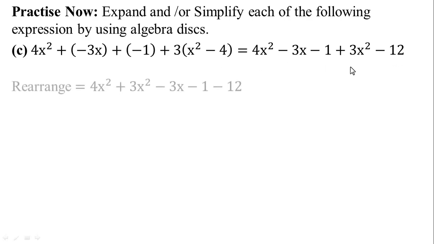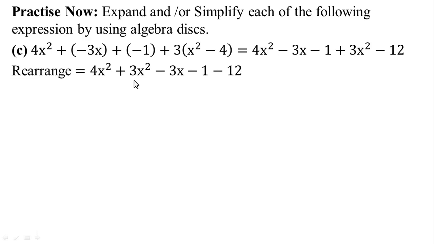Now rearrange the values with respect to variable. 4x square plus 3x square minus 3x minus 1 minus 12. Then 4x square plus 3x square is 7x square, minus 3x minus 13.